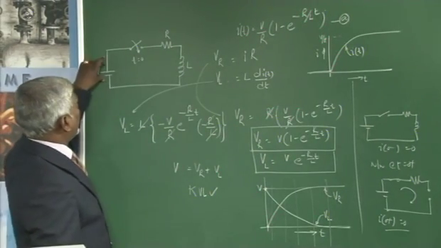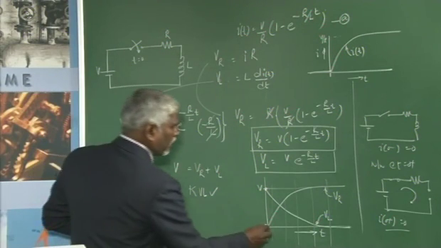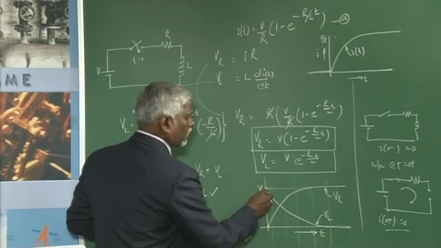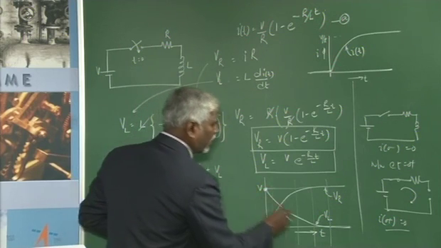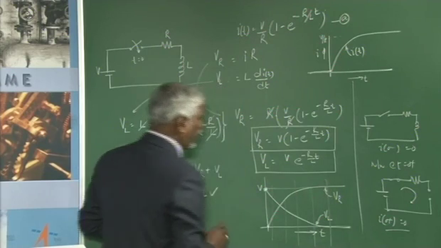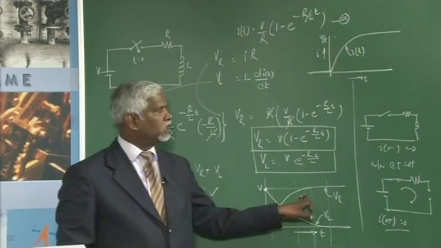The total voltage applied is equal to the voltage across your R and voltage across your L. When the voltage across the resistor is 0, the voltage of the inductor is V, and when the voltage across the inductor goes to 0, voltage across the resistor is V. You can just look at the initial conditions, the way they behave.